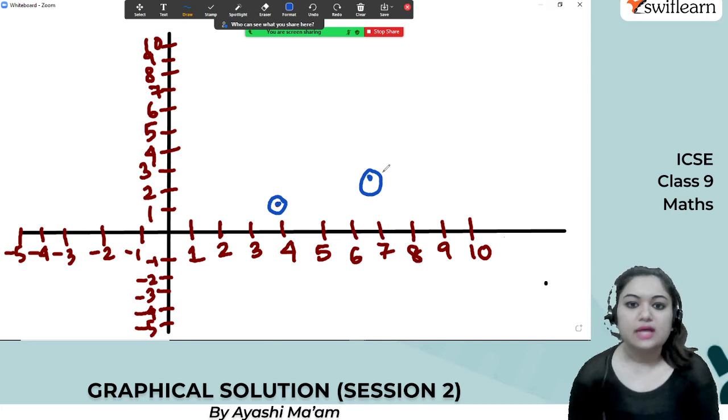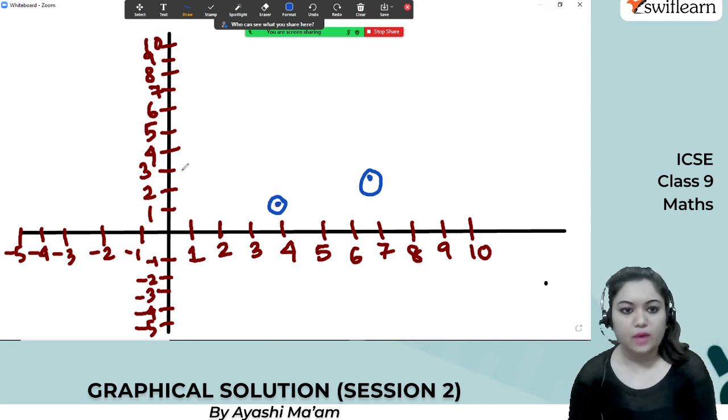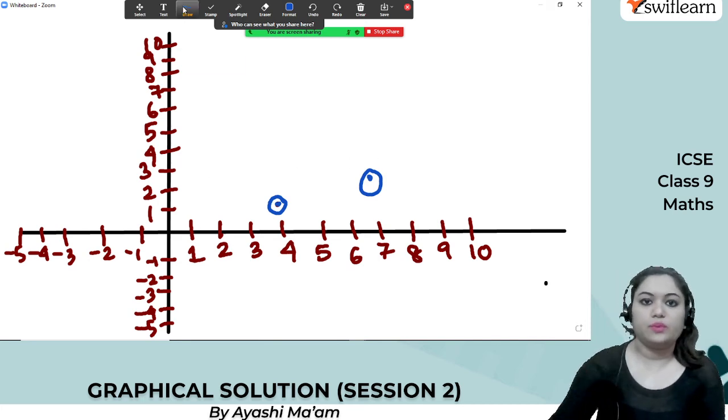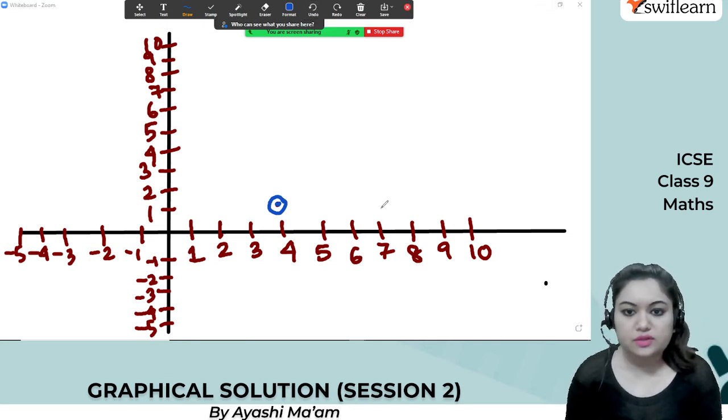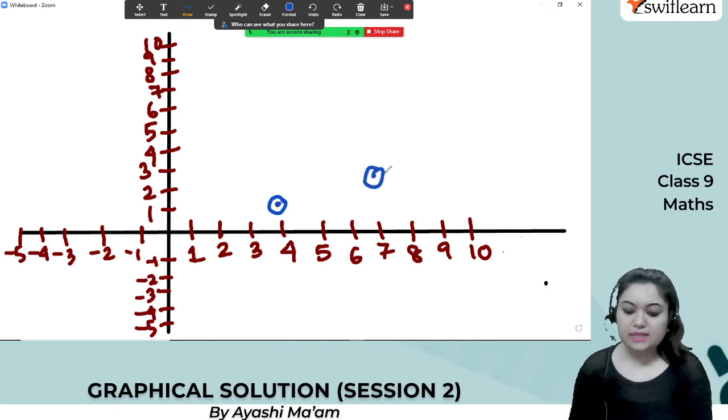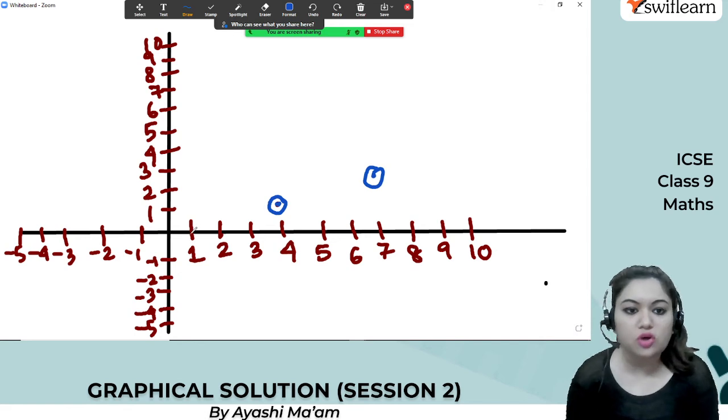Somewhere around here. So this is our 7 and 3 is coming like this. Okay. Next we have 1 comma minus 1. So on the x-axis we have 1 and minus 1, right? So exactly this point over here.